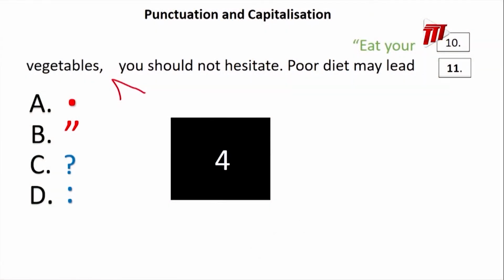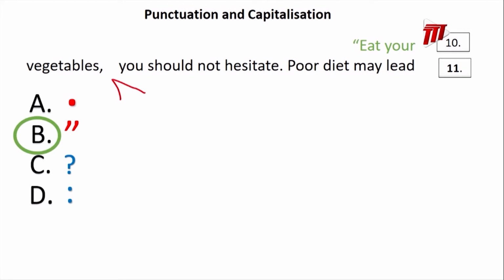We can't start a quote and not end it, can we? Yes. So it's happening right there after vegetables. And remember, when putting your close quotation, it goes after the punctuation mark and not before.